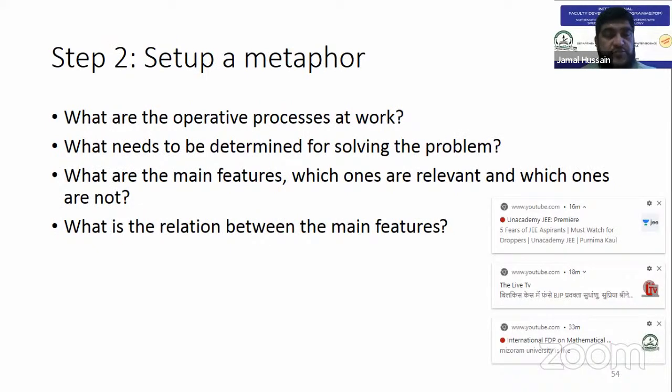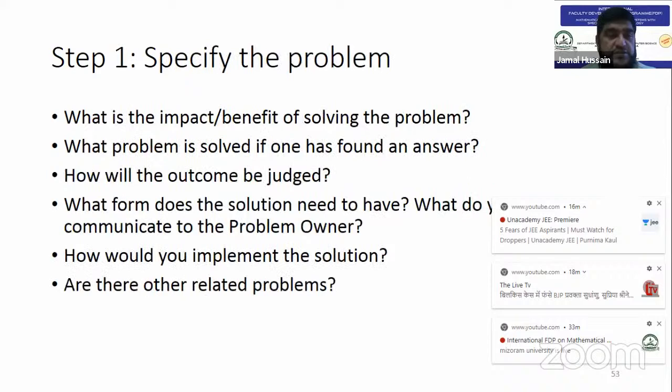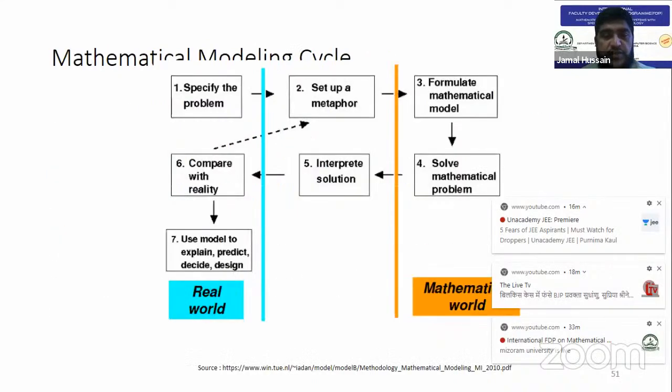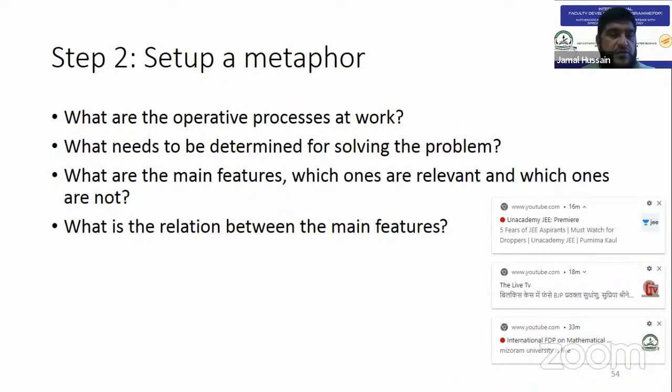And then step two, which I mentioned earlier, set up a metaphor. What are the operative processes at work? What needs to be determined for solving the problem? What are the main features, which ones are relevant and which ones are not?